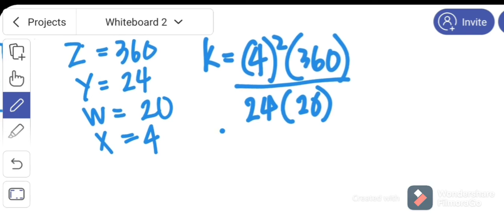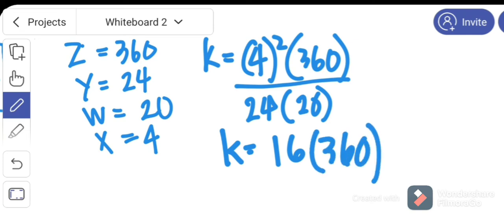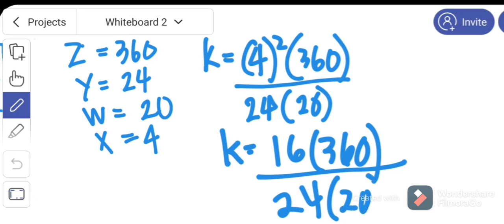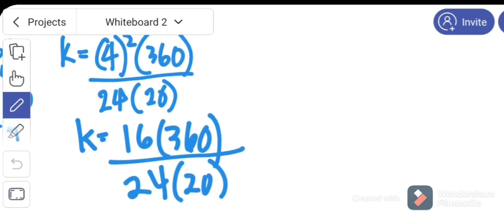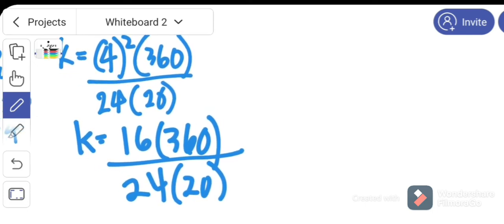We have 4 squared, which is 16, times 360 over 24 times 20. We may multiply everything together, but it's easier if we use simplifying or cancellation to make the given numbers smaller.